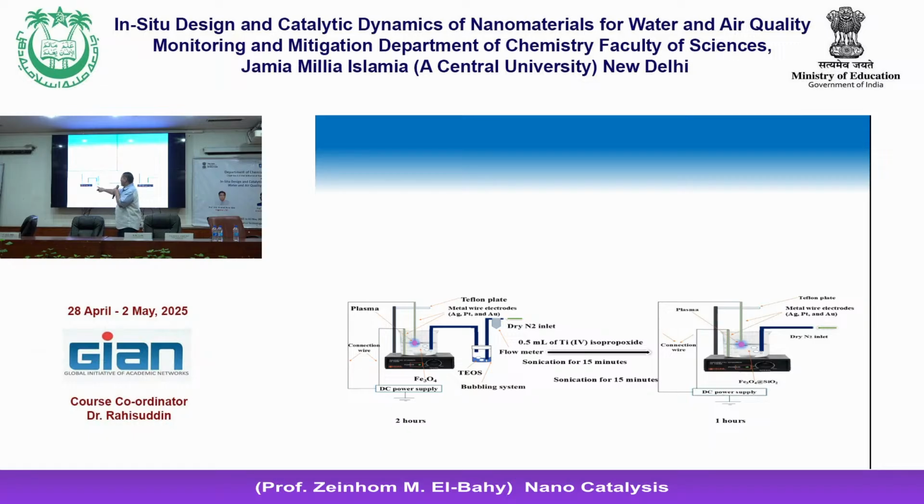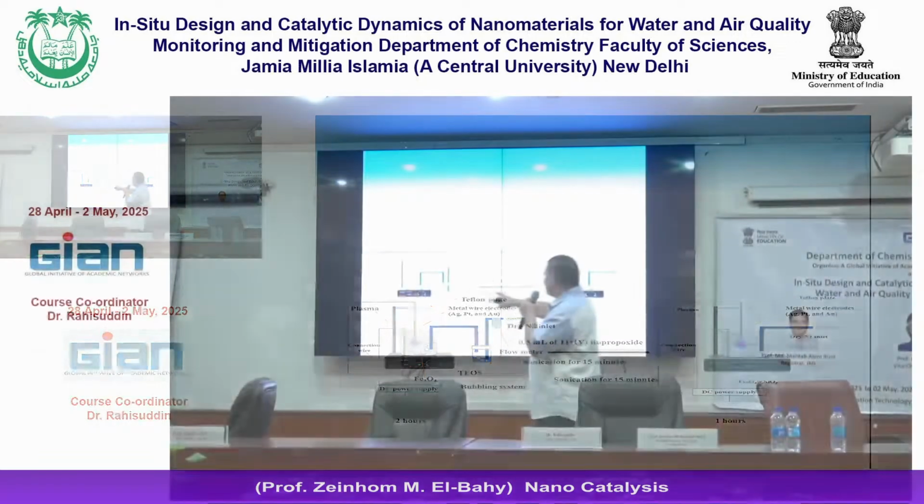This is the source of silica, TEOS, and we added dry nitrogen here, which goes to TEOS and carries it with the gas to the medium which has magnetite, with continuous stirring in the presence of this plasma discharge for 2 or 3 hours.